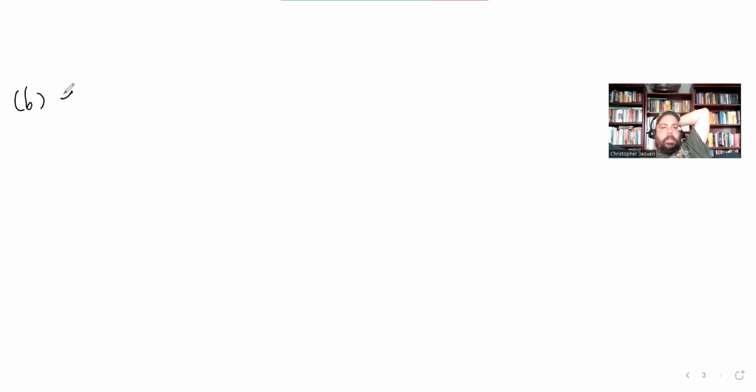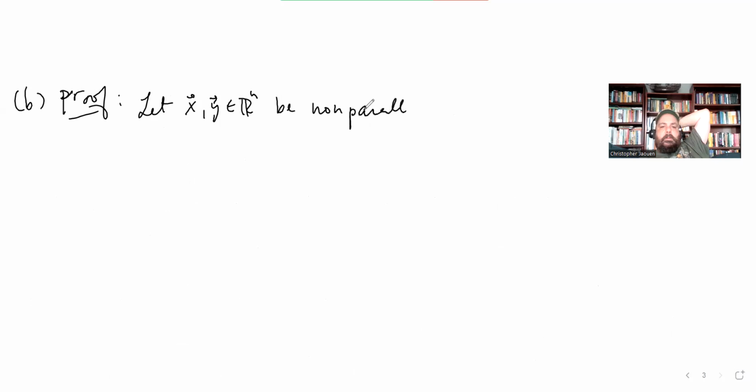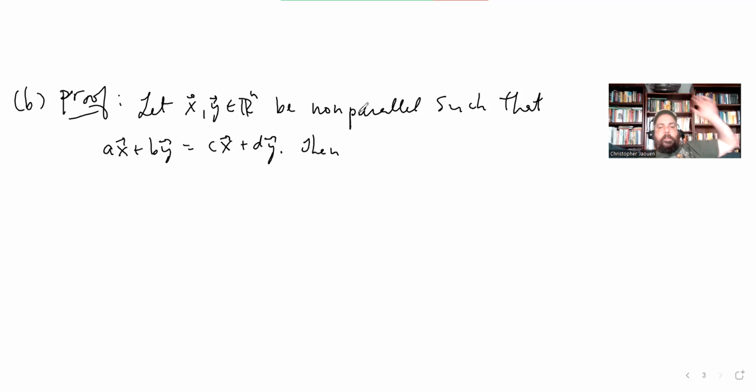So this is the proof. So again, let X, Y be non-parallel vectors in Rn such that ax plus by equals cx plus dy. Okay, then if we bring everything on to the left-hand side, we get ax minus cx plus by minus dy equals the zero vector.